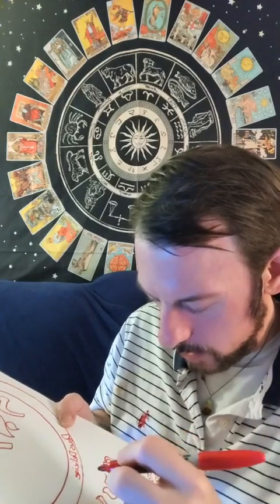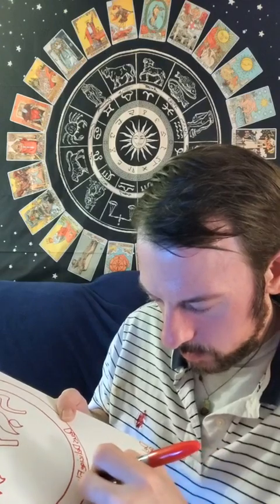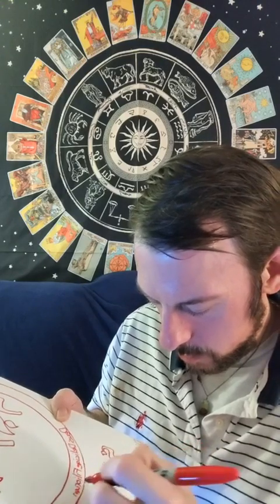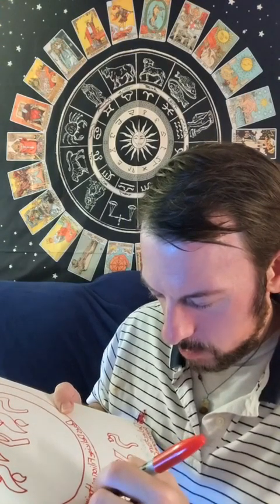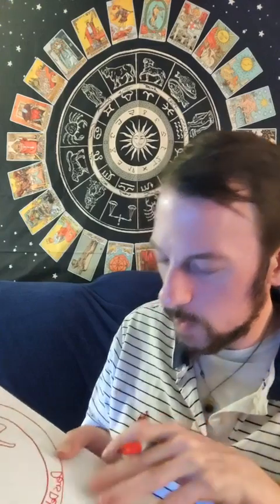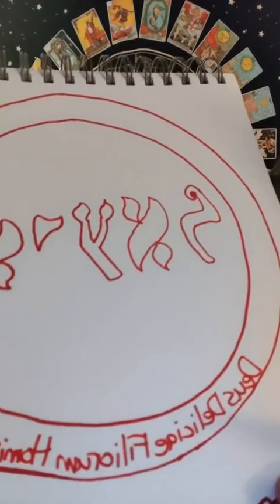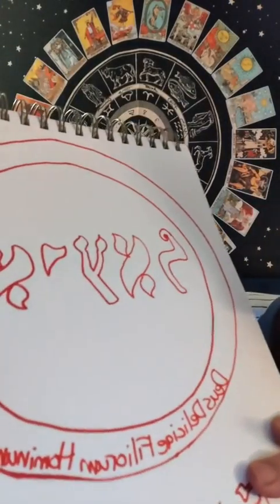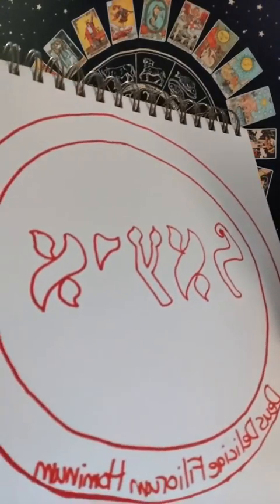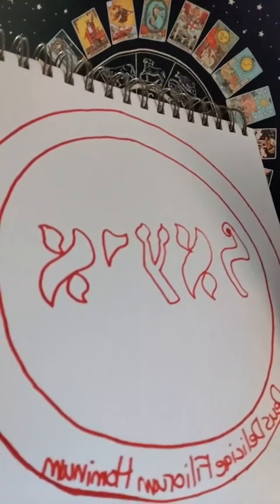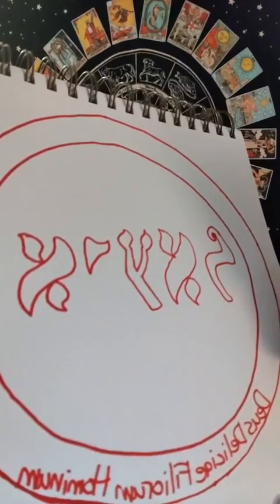We're doing magic together, y'all. Heck yeah. All right. So I just put in Latin the divine attribute, Deus Delicii filiorum hominum, God, the delight of the children of mankind, or the children of men, or of humanity.